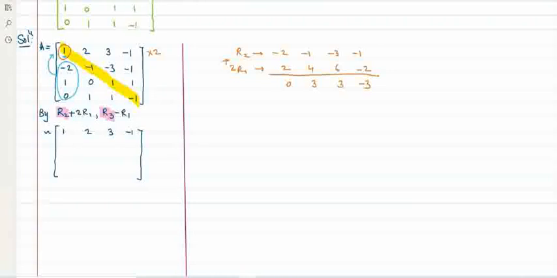The resultant row, I am expecting the calculation from your end, is 0, 3, 3, -3.